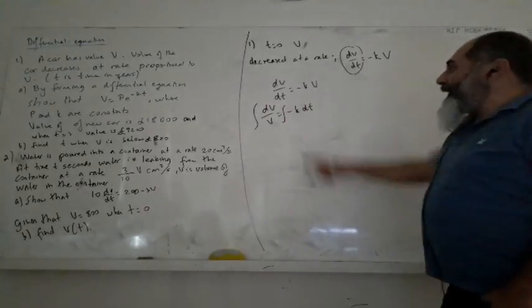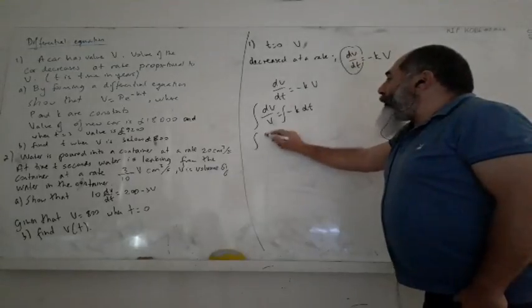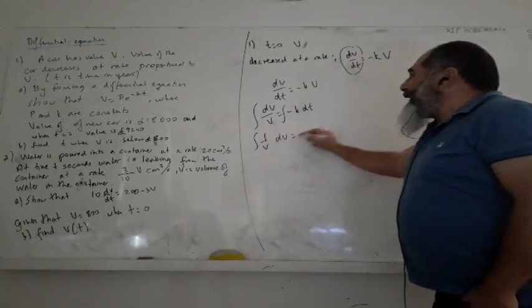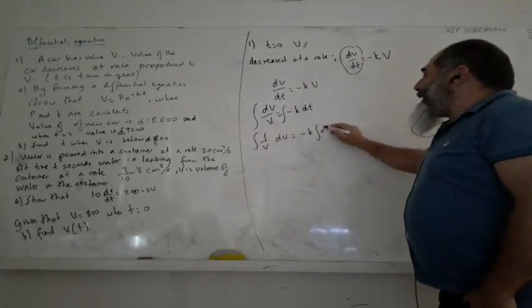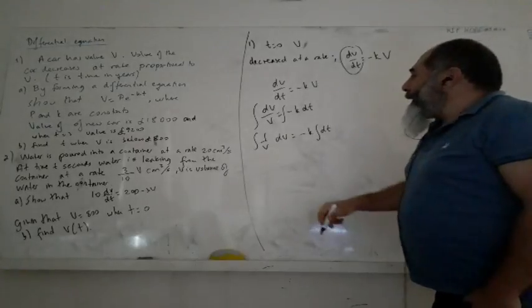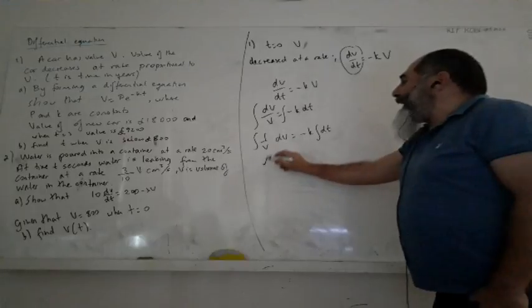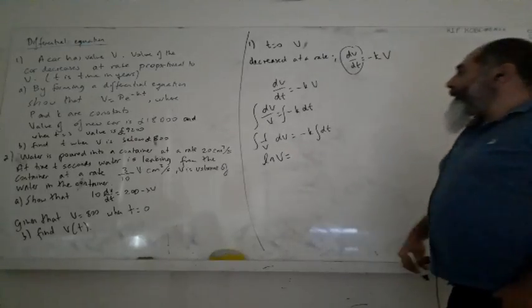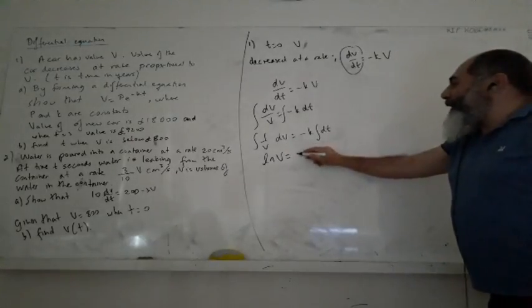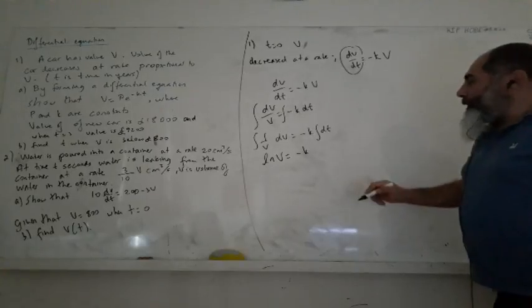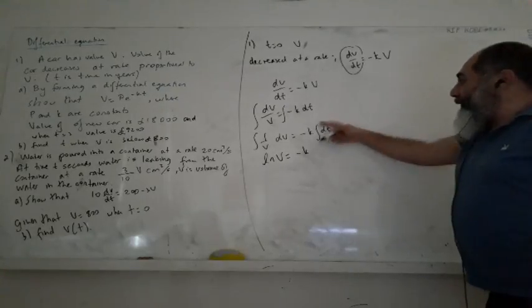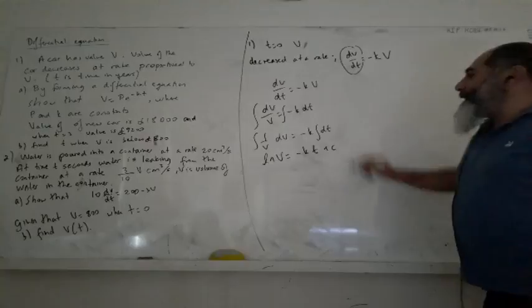We have 1 over V dV there, minus k dt there. So integration of 1 over V is ln V, and we have minus k there, and integration of dt is t plus the integration constant c.